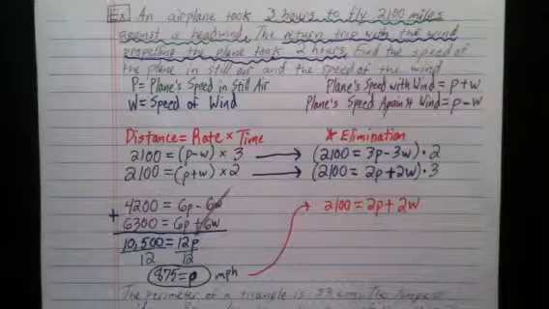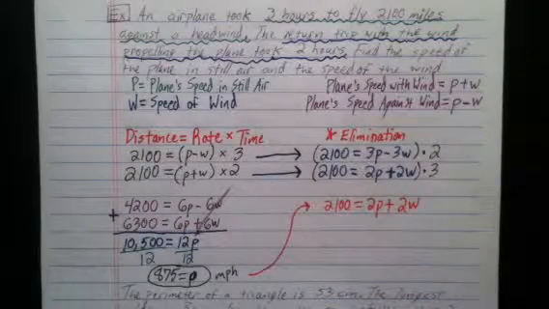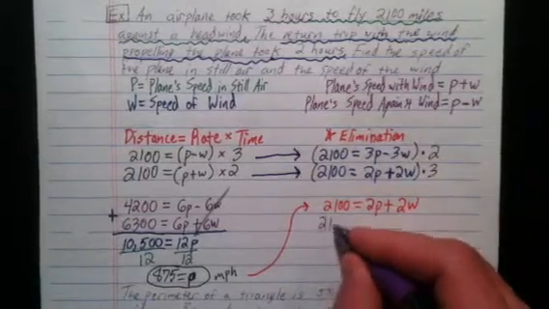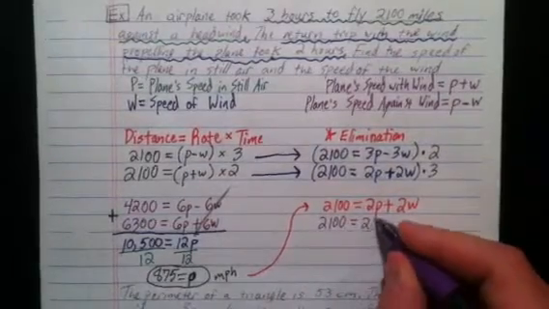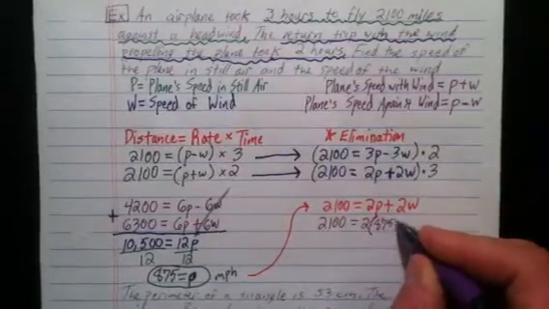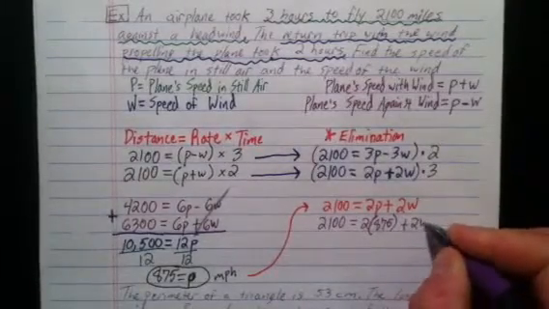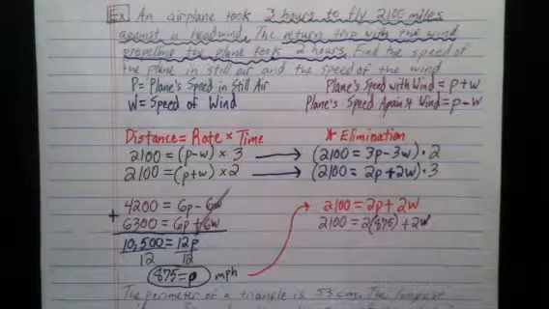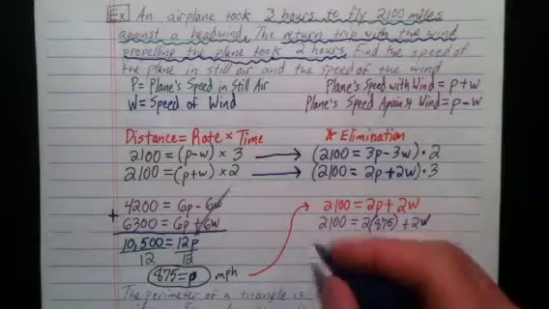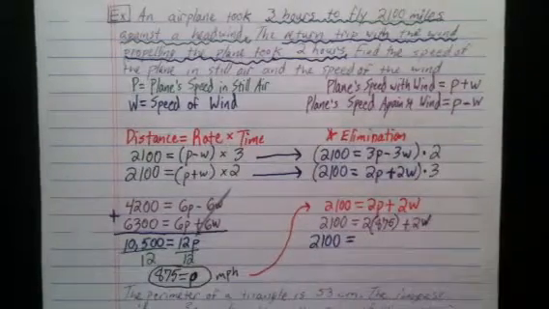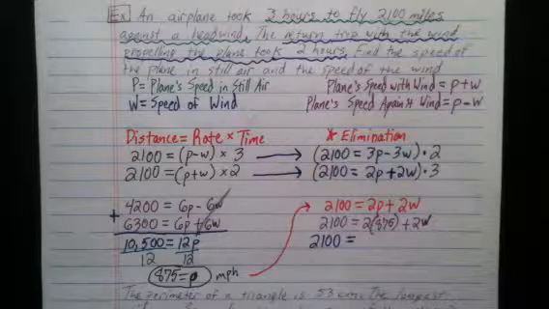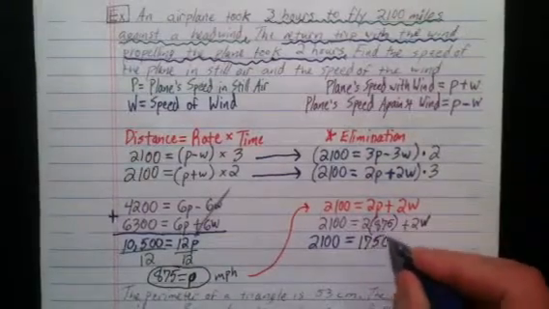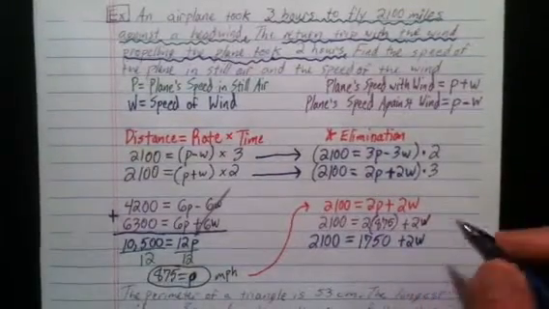Okay, smaller numbers, maybe a little bit easier. So, substituting in what we now know, our p value is 875. So 2100 equals 2 times p, which is 875 miles per hour, plus 2w. Multiplying there, 875 times 2, we get 1600 plus another 150, so 1750 plus 2w.